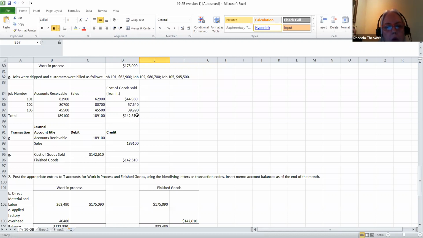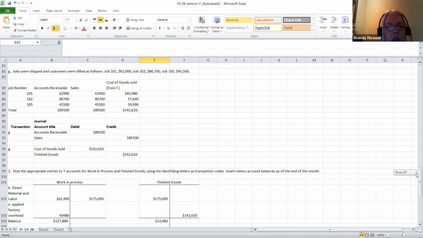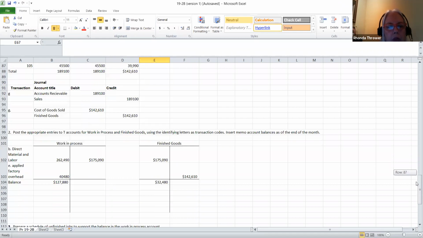That was the total amount of the cost of goods sold for jobs 101, 102, and 105. We debit the cost of goods sold account to increase it, and we credit our finished goods account to show that we've moved these from finished goods to the customers. We ship them. And so there are two journal entries that you have to make with this transaction in a perpetual inventory system.